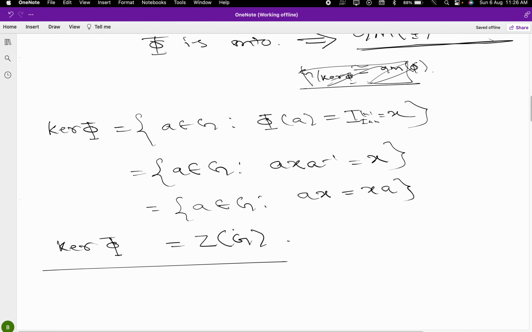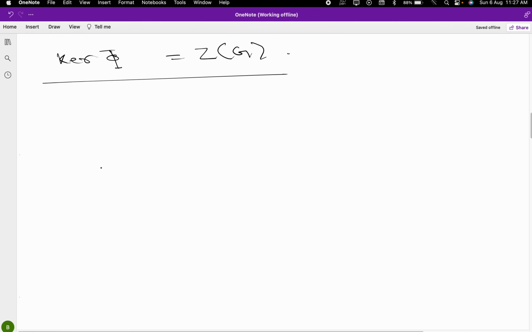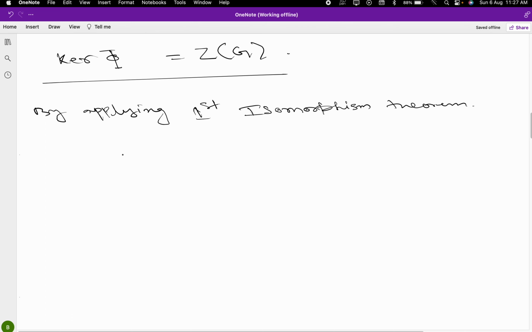So now we can apply the first isomorphism theorem. What does it say?